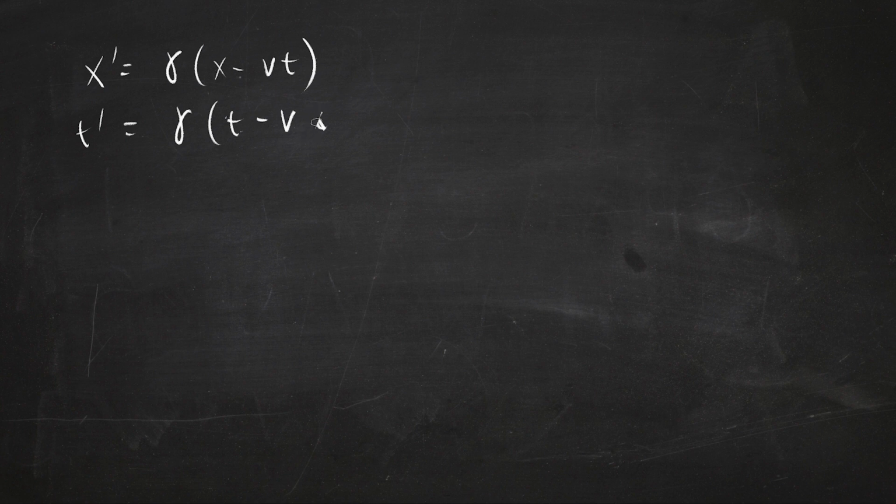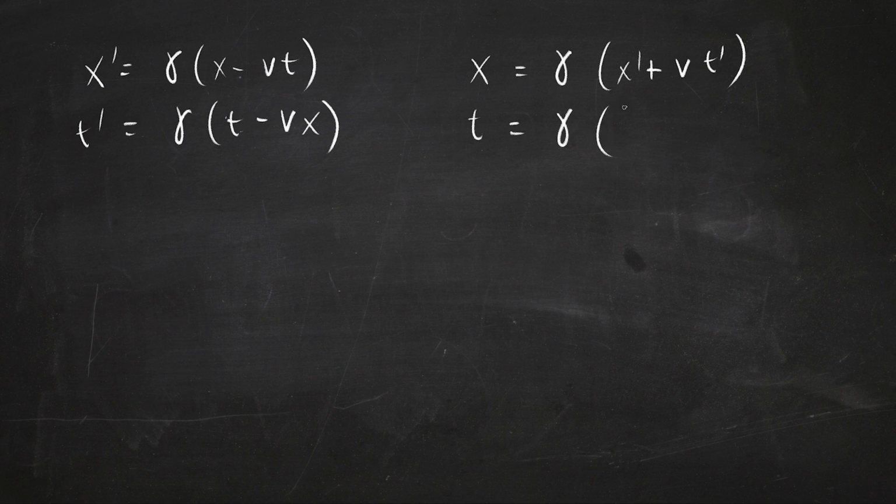Keep using curly x's, right? That's what you might call the forward transformation. Likewise, the reverse transformation is the same other than the change in the sign of the velocity: x equals gamma (x prime plus vt prime), and likewise t equals gamma (t prime plus vx prime). Right, very nice. So that's the forward and reverse transformations.